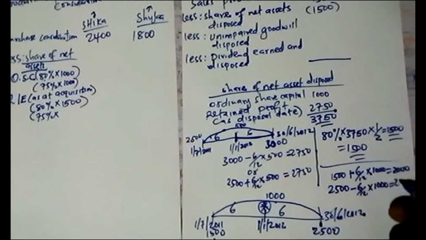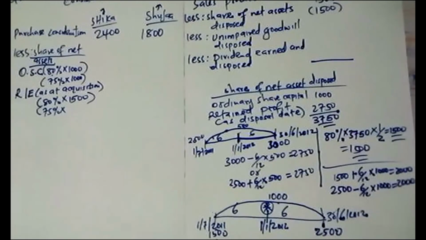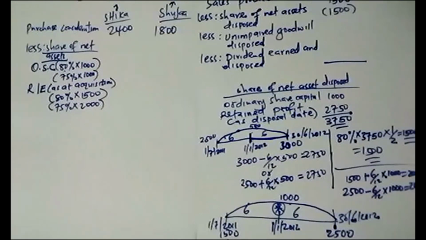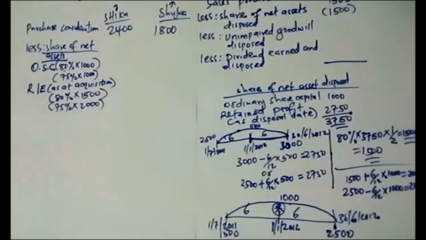So it will be 2,000. The 2,000 is the one you take 75% of.